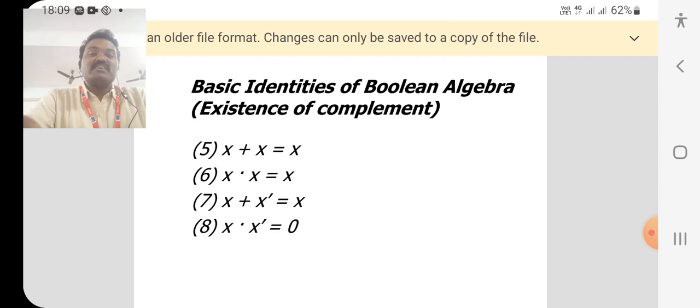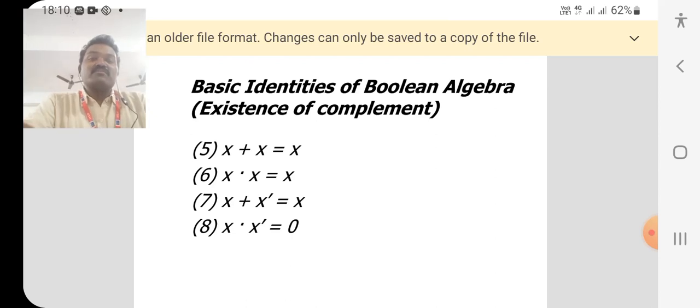Then the seventh law, x plus x bar. Here I am giving x equal to 0. The input variable initially is x equal to 0, plus x bar. X bar means inverse.